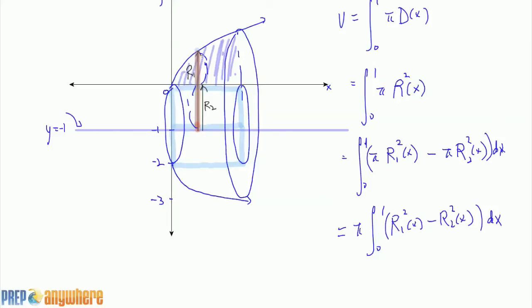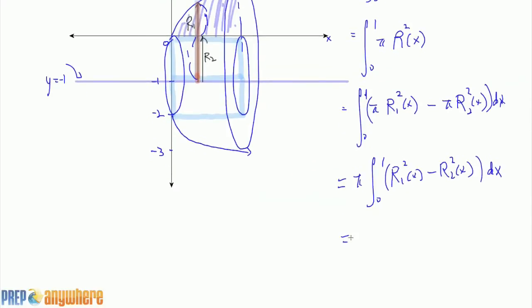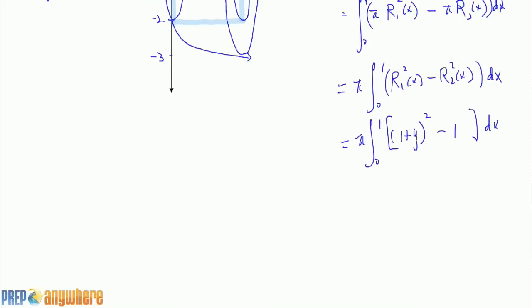That's the full height to generate the outside volume. So R1 is (1 plus y) squared. And R2 is just always 1. So minus 1 squared, which is just 1. Okay, we're very close now. The only thing we have to do is replace that y with the function, which is root of x.